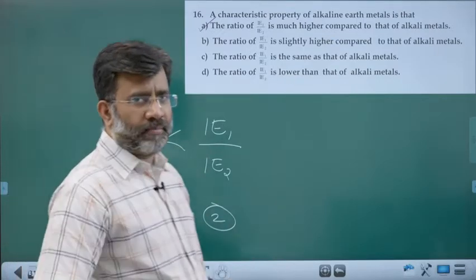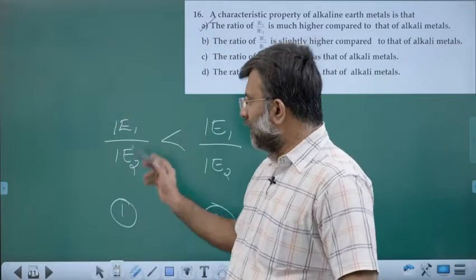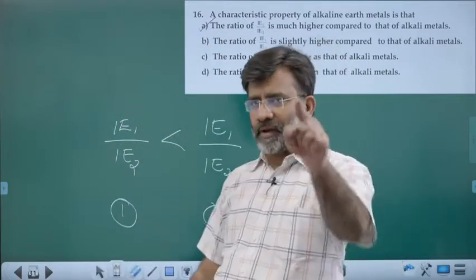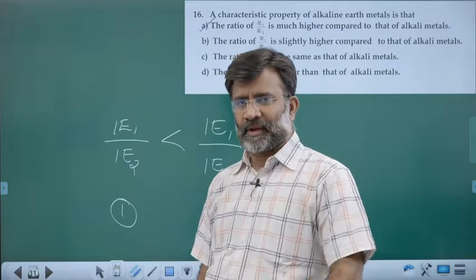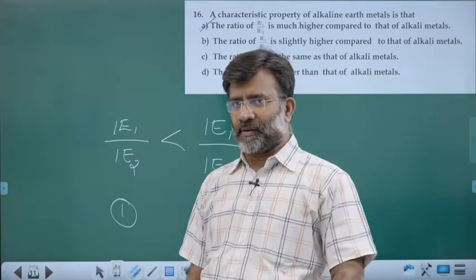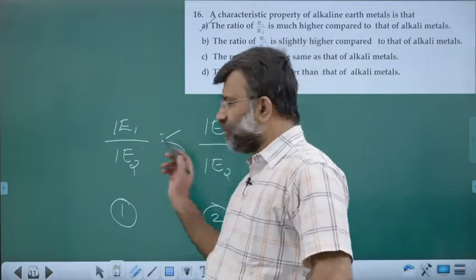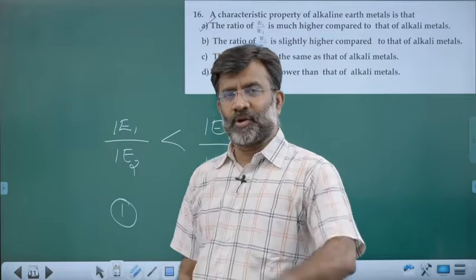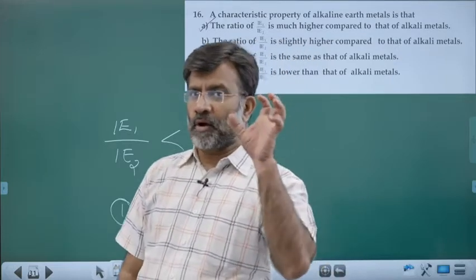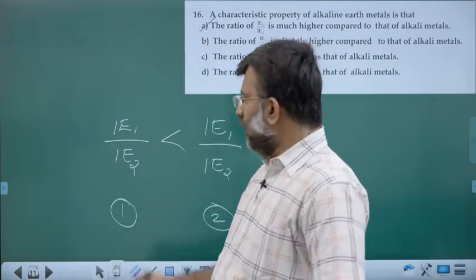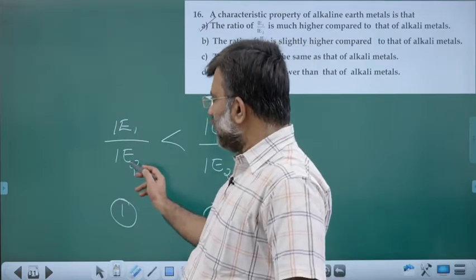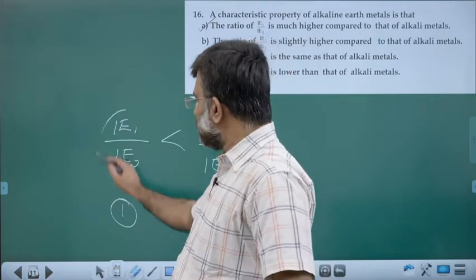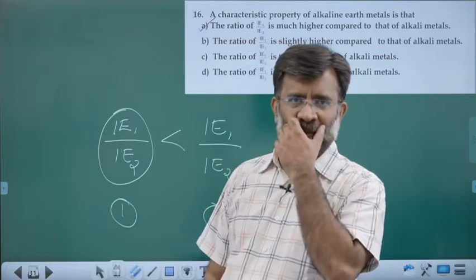And it's very simple to understand. IE1 value for group 1 will be low because it carries only one electron in the outermost shell, while IE2 value is relatively high because you are trying to remove an electron from the core. So IE1 low value, IE2 high value. So the ratio is a low value.